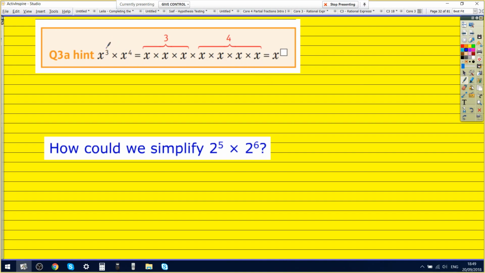What would this one be up here? X to the 3 times x to the 4. X to the power 7. Brilliant. How about this one down here? 2 to the 5 times 2 to the 6.